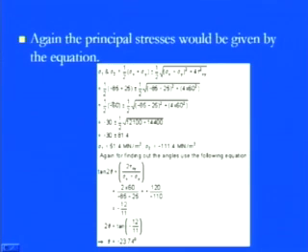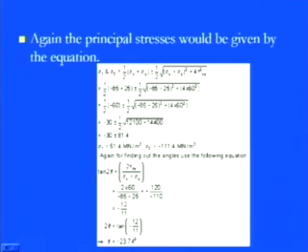So by keeping these things, we have the value minus 85 plus 25, these values sigma x and sigma y divided by 2, plus minus this half comes out, square root of minus 85 for sigma x, 25 for sigma y, plus 4 times 60 for tau xy square, so 60 square is there.